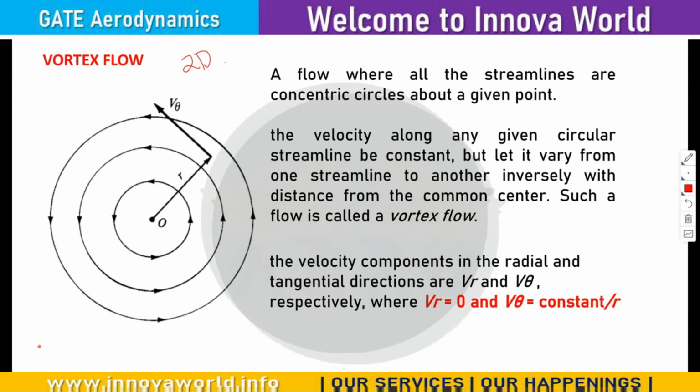Here, the radial velocity VR is 0, but the tangential flow exists, and that is nothing but a constant by r. Now what is the constant over here?